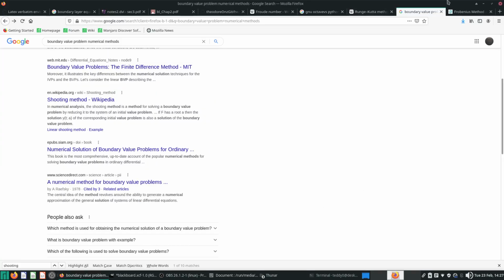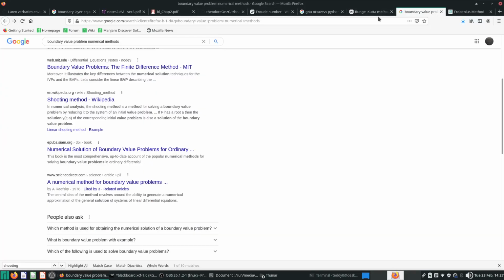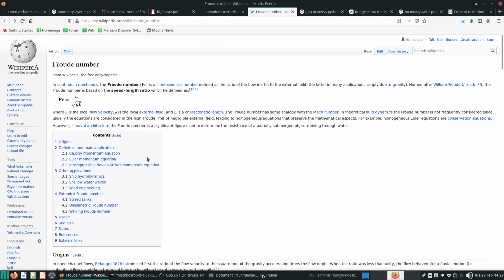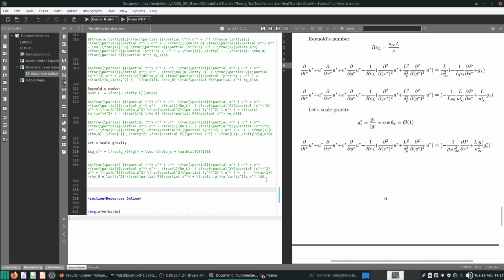If you look online, you look for something called the Froude number. Froude number is u over square root of GL. You have L and G here, and then of course u squared. So that is nothing but the inverse of the Froude number squared.